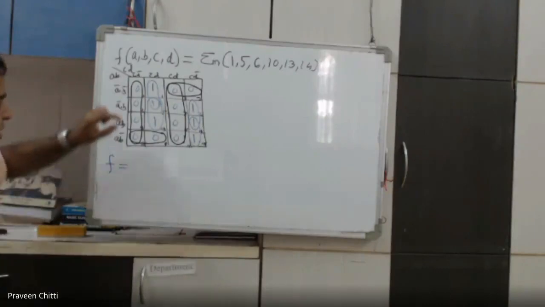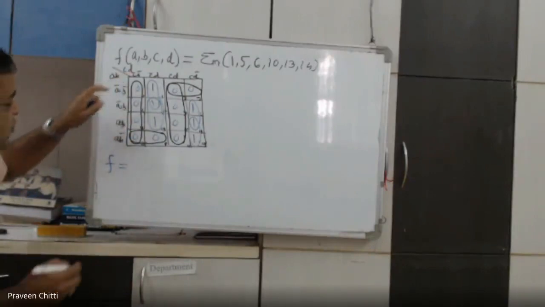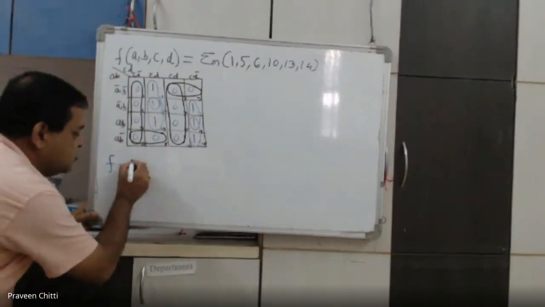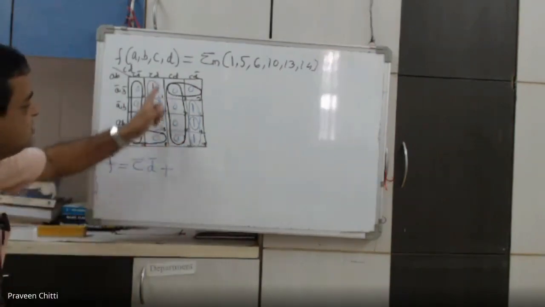C plus D? No, what is it? As it is, you have to write. Don't get confused with SOP and POS; I am telling a different method now. All of you listen carefully. Whatever group you have formed, it is C bar D bar. So you write C bar D bar plus. What will you get for this?